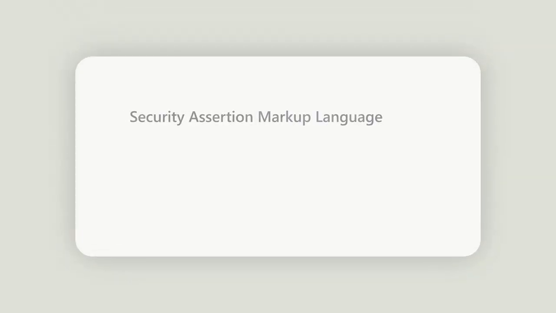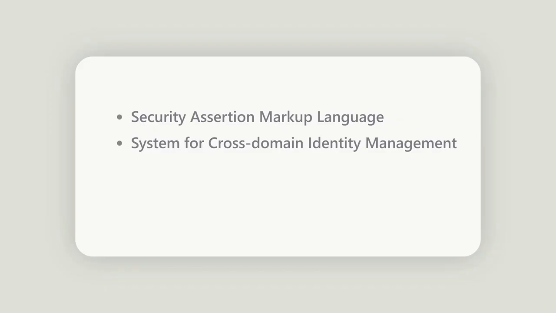Further standards include Security Assertion Markup Language, or SAML, which exchanges authentication and authorization data using XML. System for Cross-Domain Identity Management, or SCIM, which simplifies user identity management across cloud-based applications. And Web Services Federation, or WS-Fed, which secures the exchange of identity information between different trust domains.